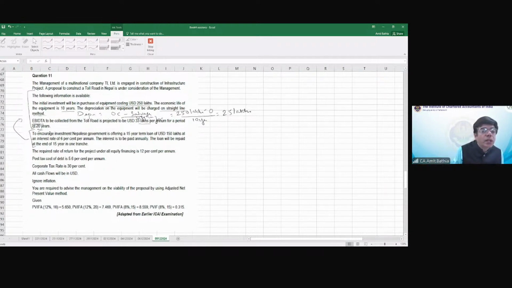I need cash flow after tax, right? So I'm going to calculate cash flow after tax and then I will essentially apply a 20-year summation. How do I look at that? You can see over here, we are given present value annuity factors at the rate of 12% for 10 years, at the rate of 12% for 20 years, right?